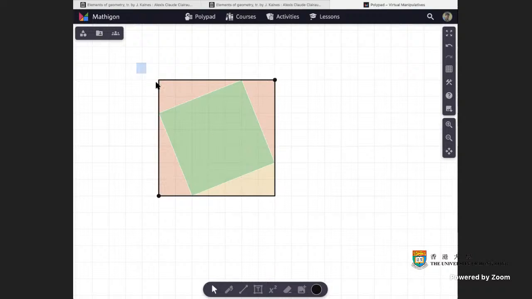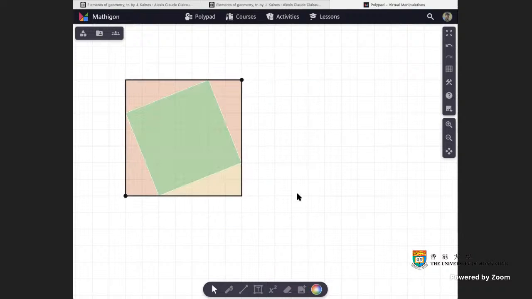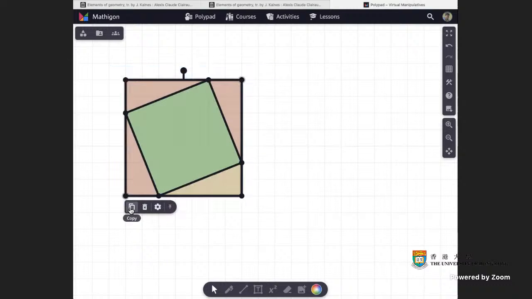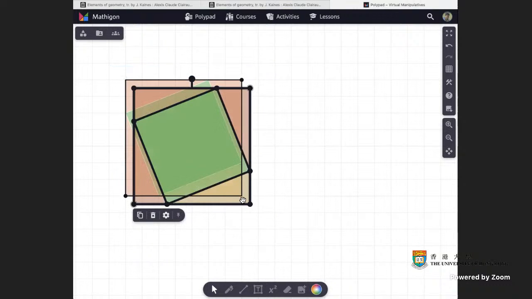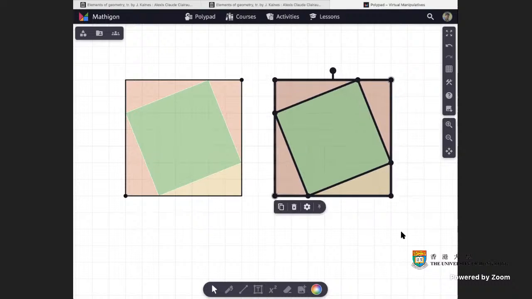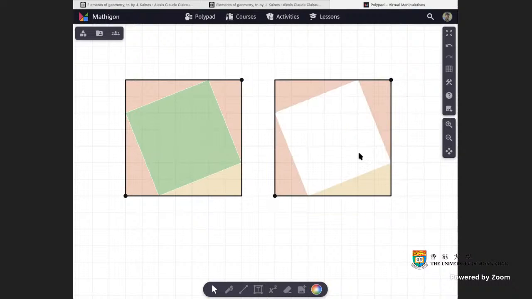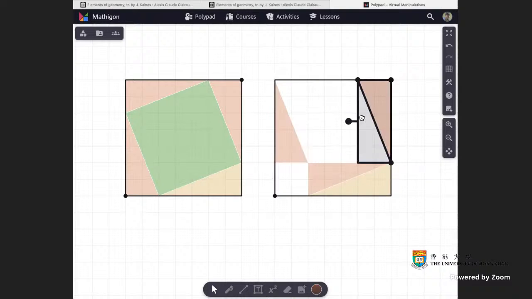And now we make a copy of this figure. Okay. Trying to rearrange, yes, copy the whole thing and then carefully drag it to the right for comparison. So let's take away the middle square, but we can now rearrange these 4 pieces of triangle, okay, and then try to check what's left behind inside the big square, right?